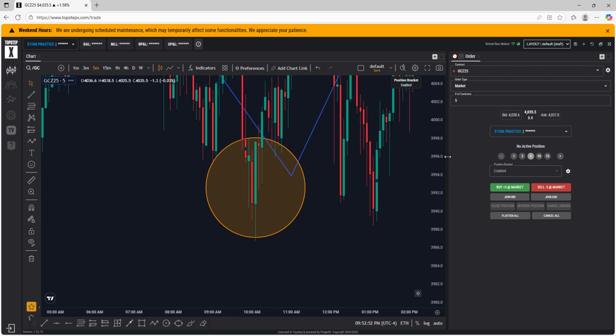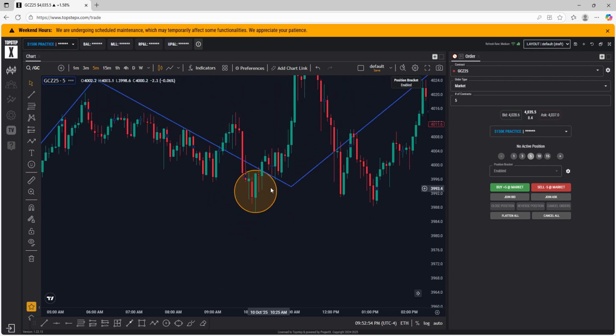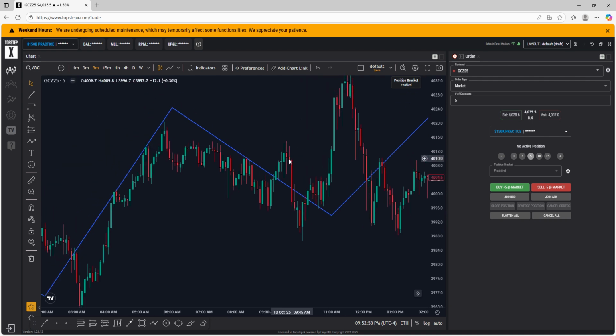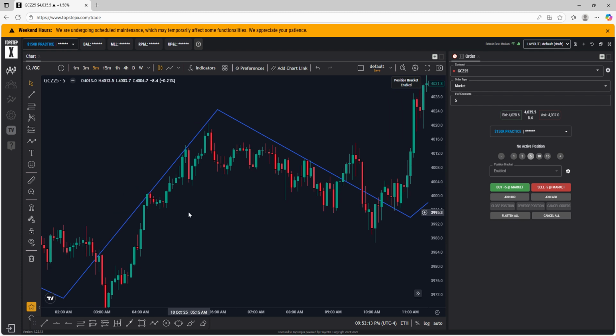Those candles typically involve a break of structure in some way, shape, or form, usually a long body candle. Then we have our bullish and bearish engulfing candles that can strongly move the market.